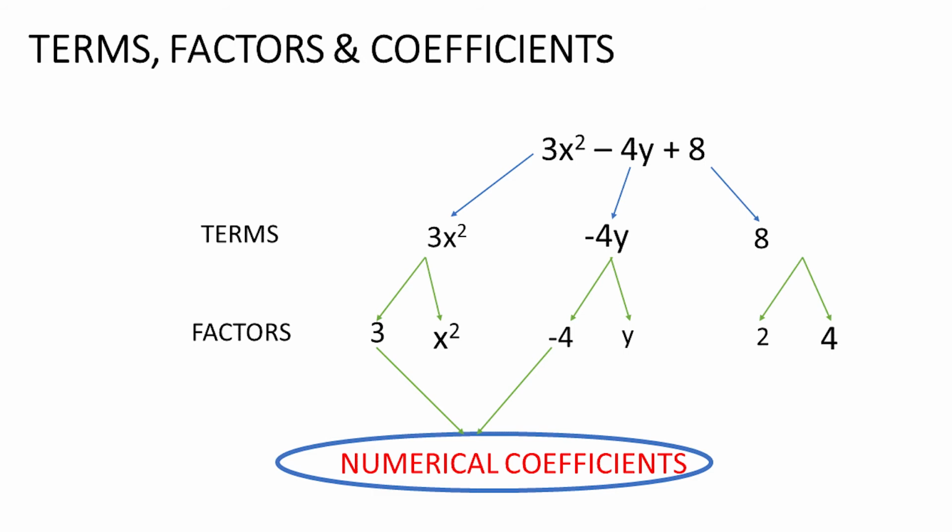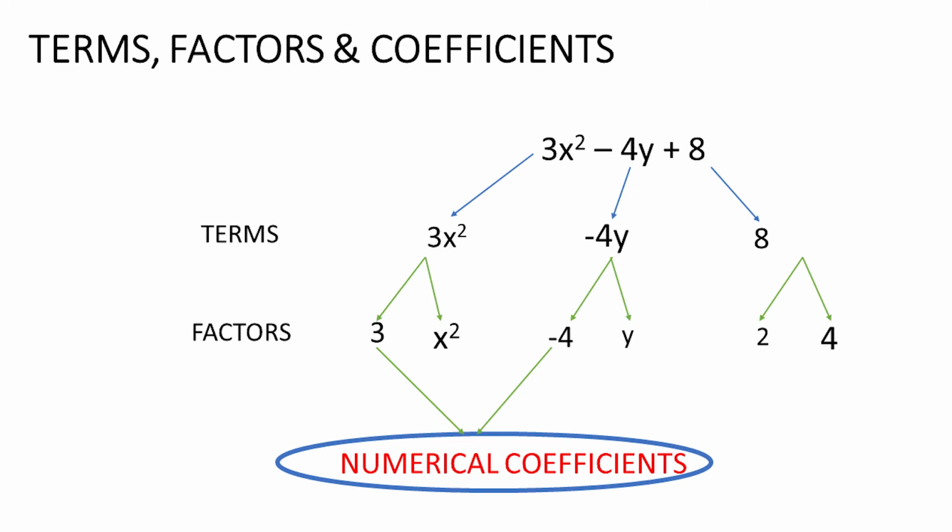Now this term 3x square is made up of two factors, 3 and x square. The term negative 4y is made up of two factors, negative 4 and y. 8 is a whole number and the factors of 8 are 2 and 4. You can also write it as 2 into 2 into 2.